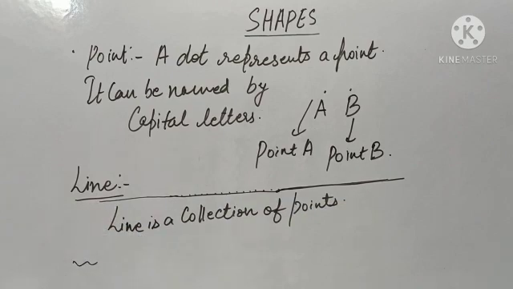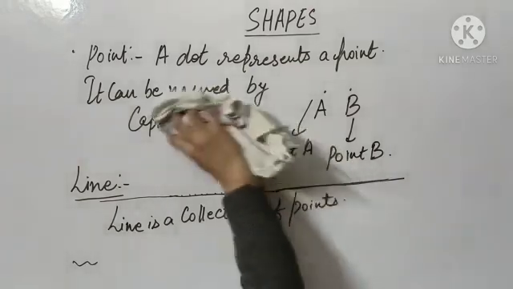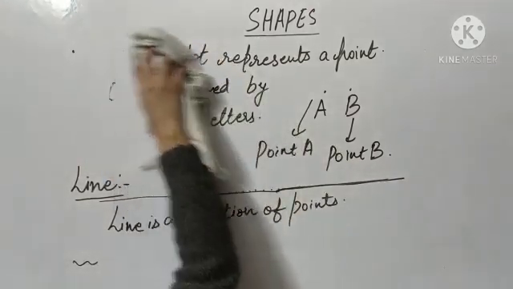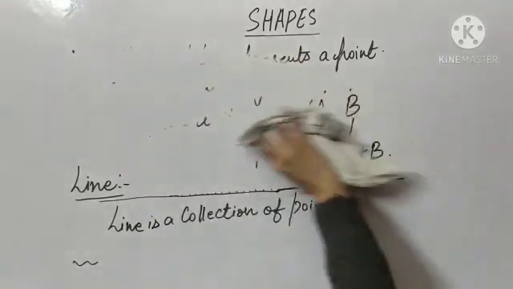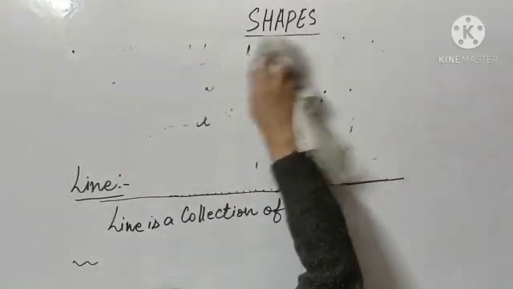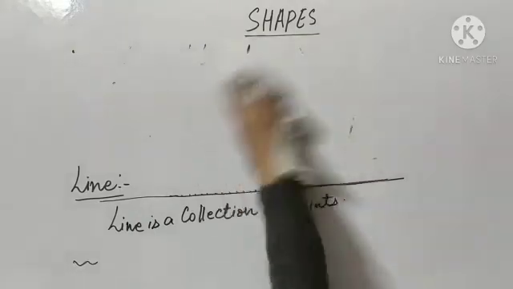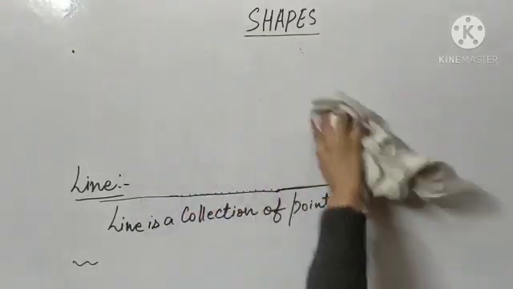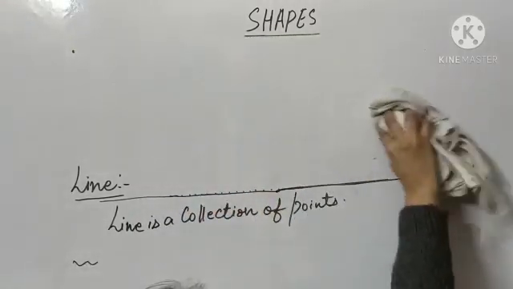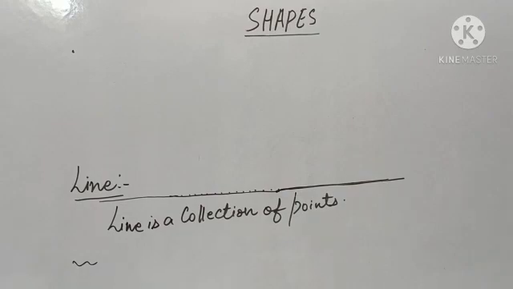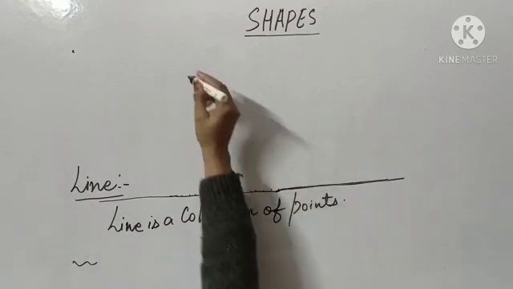What is the meaning of endlessly? Means as much as I want, I can extend the line in both the directions. So line can be extended in both the directions.